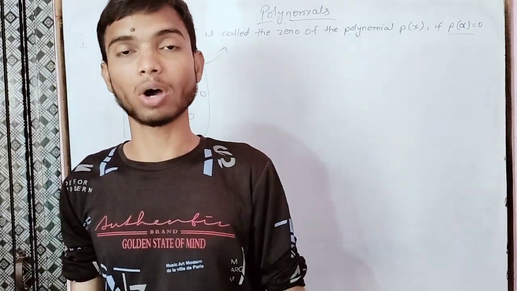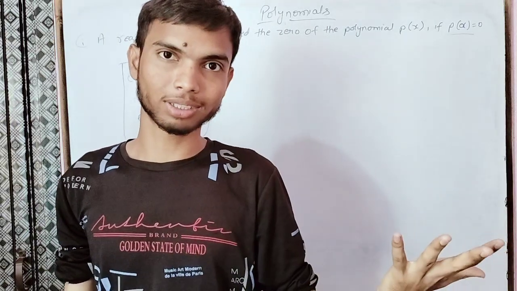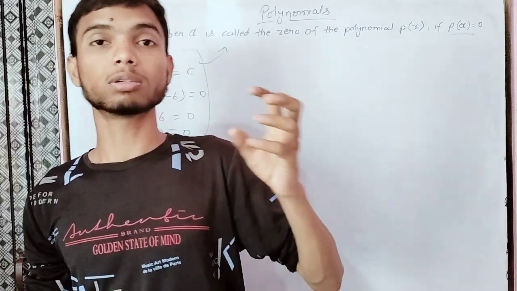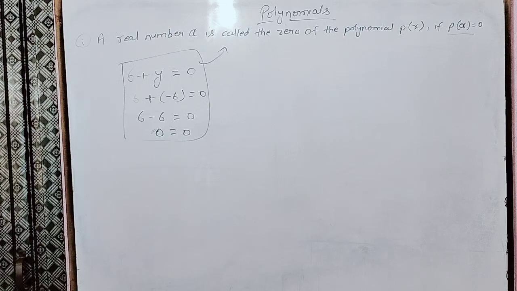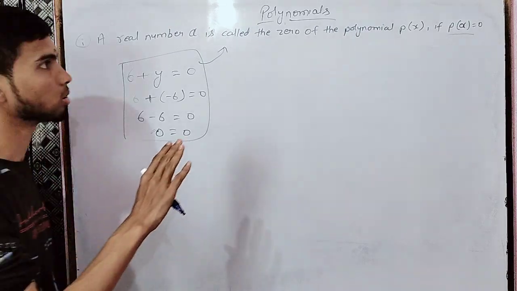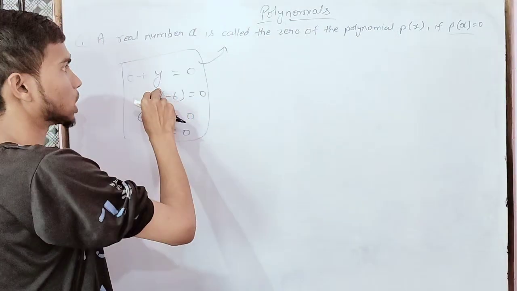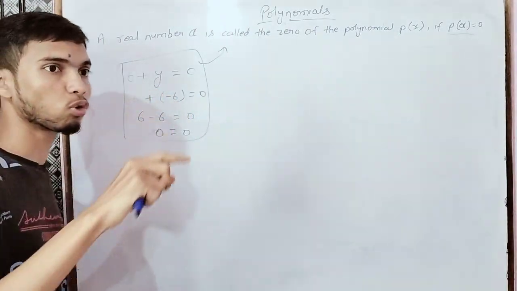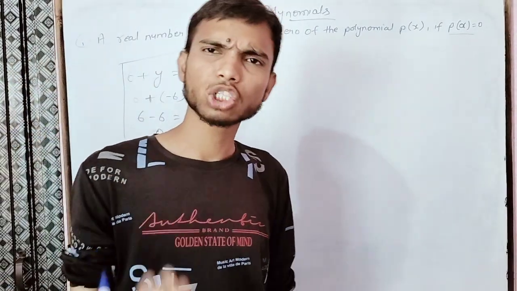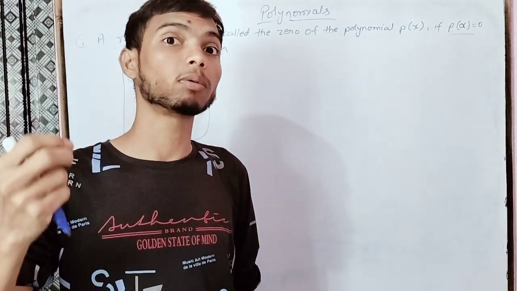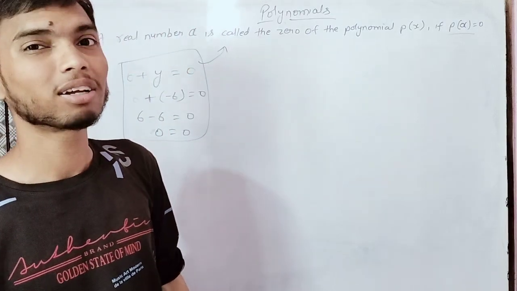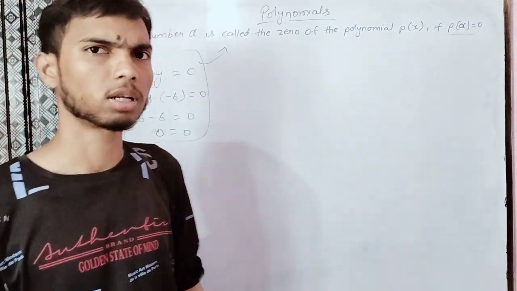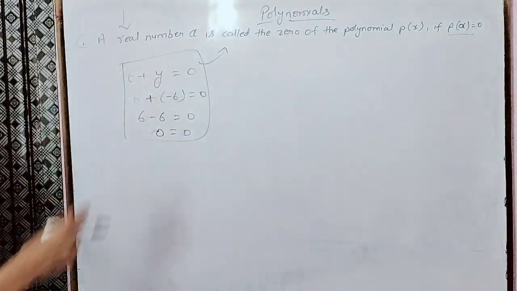If not, then you have to think of another number to get 0. So you understood the meaning of this statement. The value of the variable can be a rational number or an irrational number, like root 2, root 5. Not only integers, not only whole numbers, but any real number.